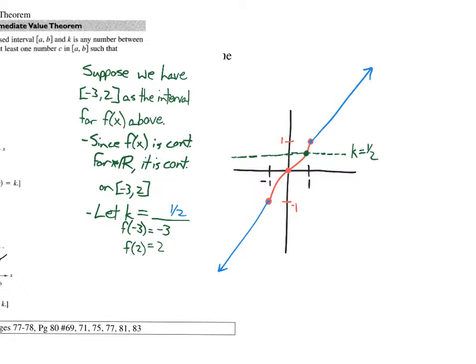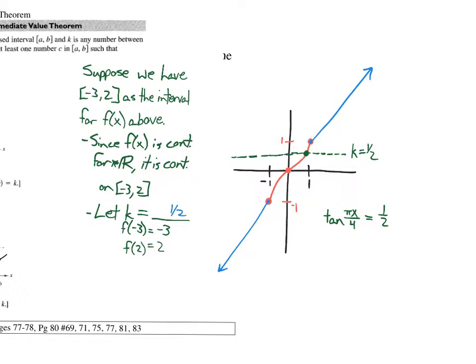We know which part of that piecewise function it is: the tangent of pi x over 4 is the one that we're going to be looking at. So, we know that tangent of pi x over 4 has to equal 1/2. Does that make sense?